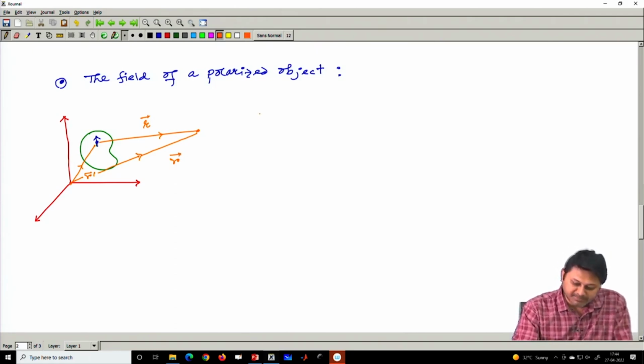So, polarization P, as I mentioned, is dipole moment per unit volume.